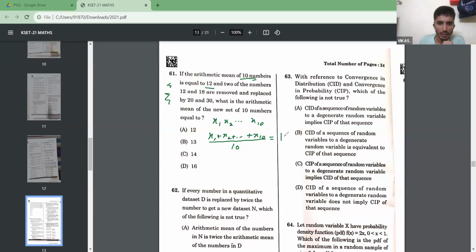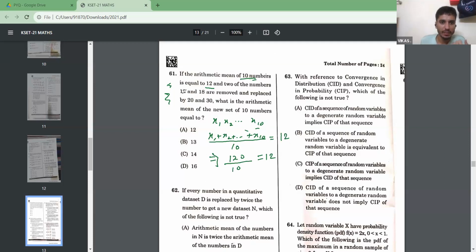Now it is given to be 12. So the sum in the numerator would be 120, that is the only possibility for the mean to be 12. You can simply multiply the denominator to the right-hand side and you will get 120.